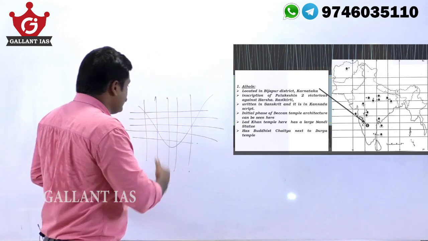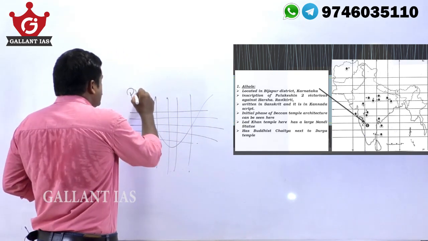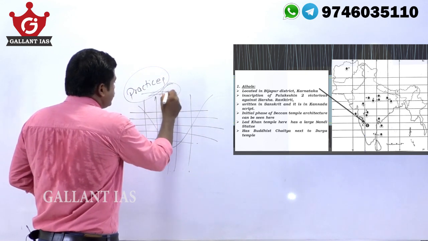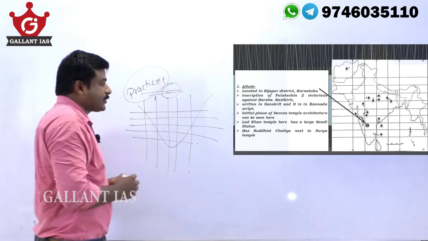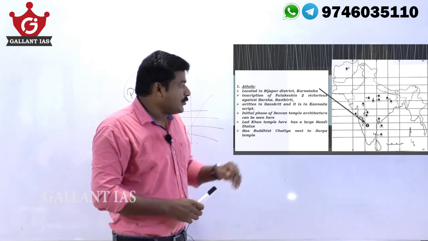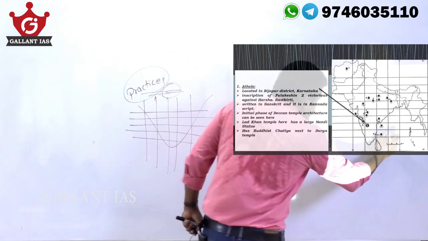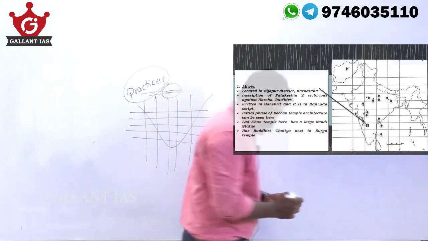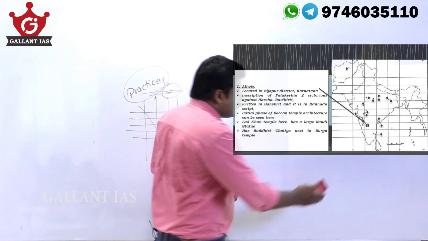So you can follow the grid pattern, and here practice is a must. Once you decide to plan this, definitely practice a lot, at least one site a day. So here you see Aihole. You can see that this is in Karnataka.